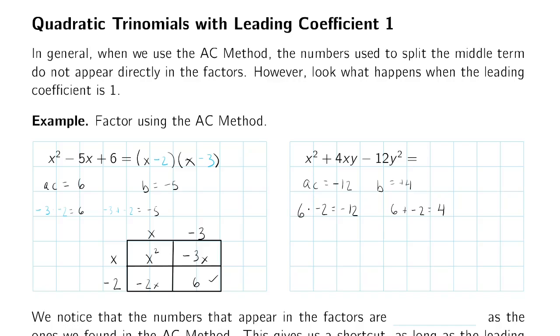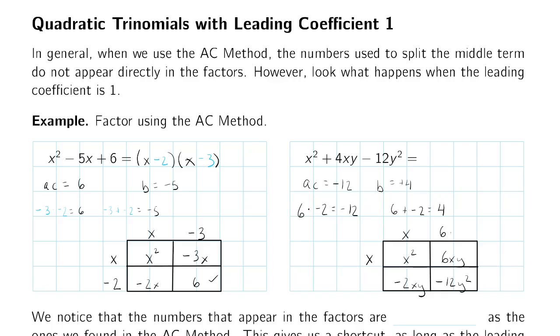So when we factor by grouping, we have our first and last terms, x squared and negative 12y squared. And then we split up our middle term as 6xy minus 2xy. The greatest common factor in the first row is x. In the first column, I need an x.